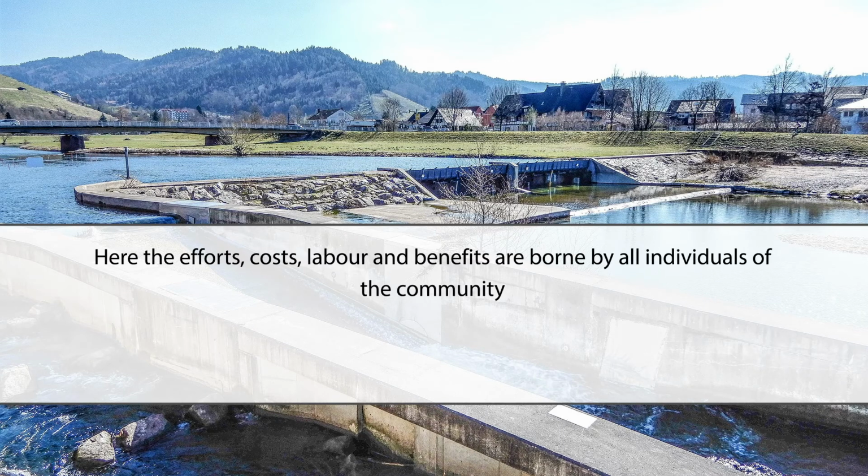Here, the efforts, the costs, labor and benefits are borne by all individuals of the community, which we call a public property, and all the community benefits from it. So, such technologies are more useful for the community.